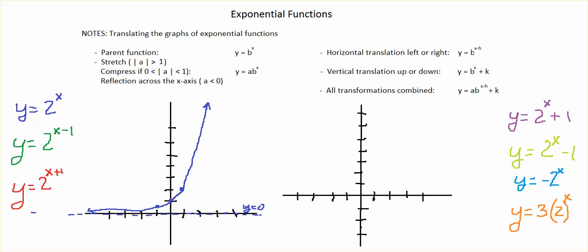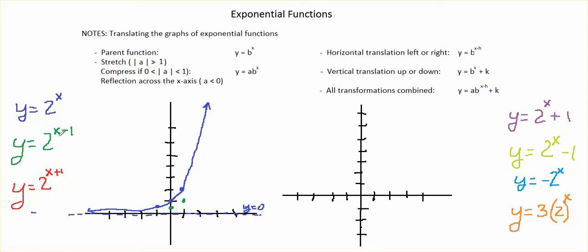So let's go ahead and see what happens when we subtract a number from our exponent. Let's start off with plugging in our 0, 1, and -1 and see what happens, and we may need to plug in a couple more numbers. At 0, we get 2 to the negative first power, which means the reciprocal of 2, so we get a half. At 1, 1 minus 1 is 0, 2 to the 0th power is 1.